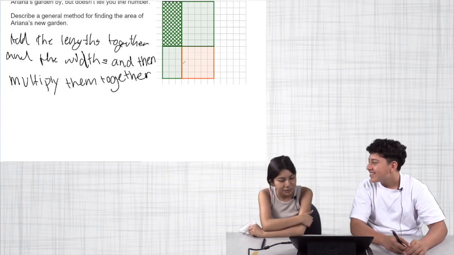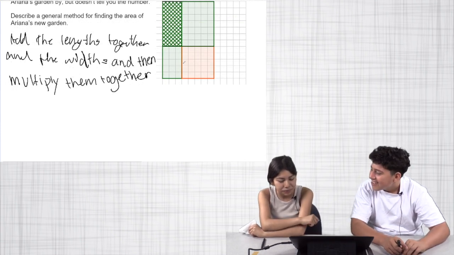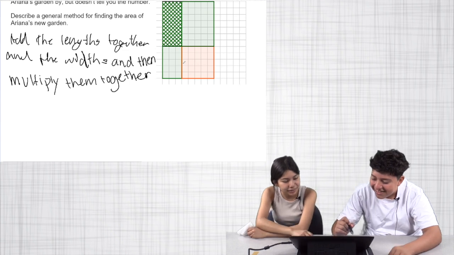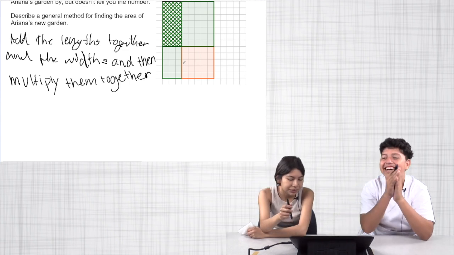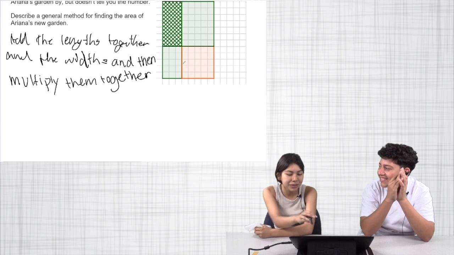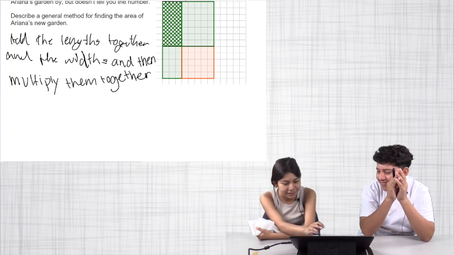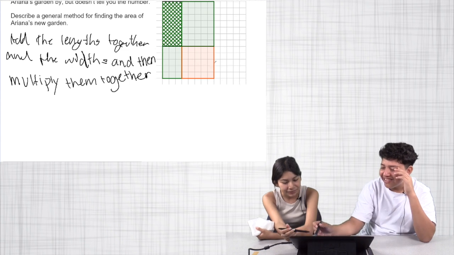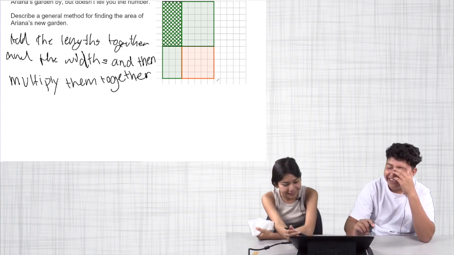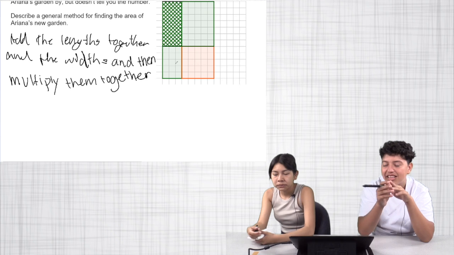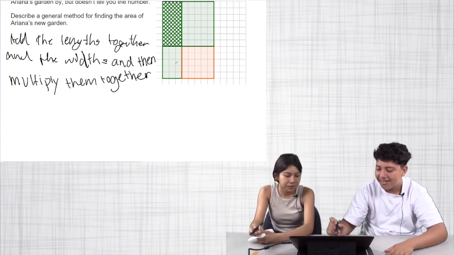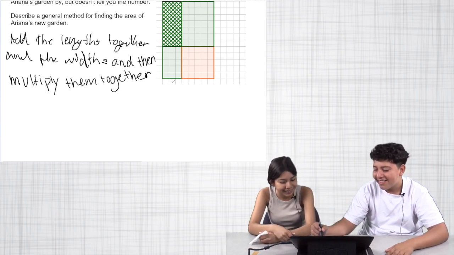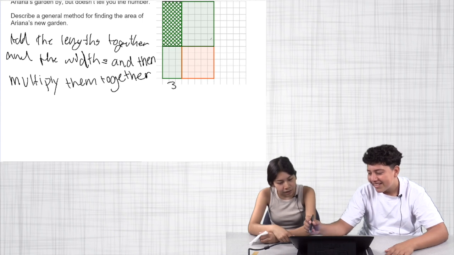You have to put the unknown width and multiply it times 7. And right there you have to put the other unknown length. And then unknown number times unknown number. But what is known? The 7 and 3. Put that everywhere you know where it is.